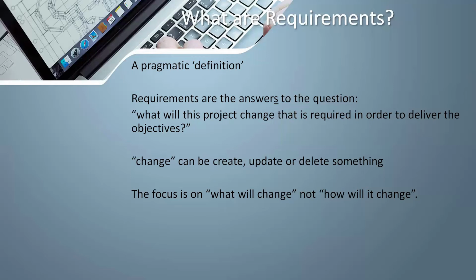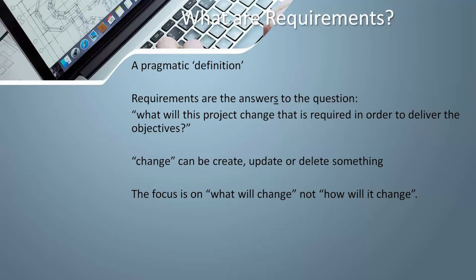For that, you have to do something different. So a business is going on as usual, but the business wants to achieve a particular objective. To achieve that, they have to change the way they are working currently. That change is nothing but the requirement.